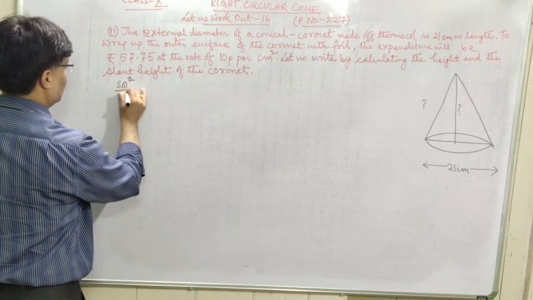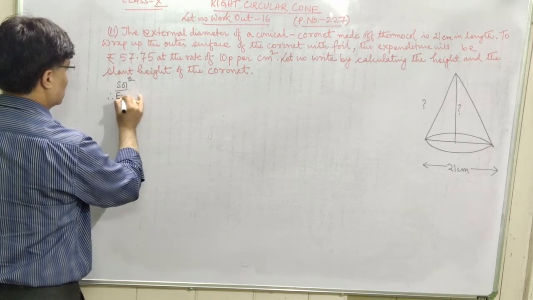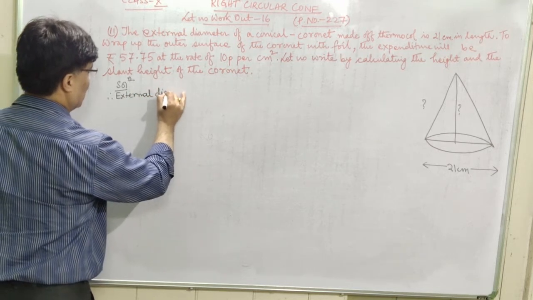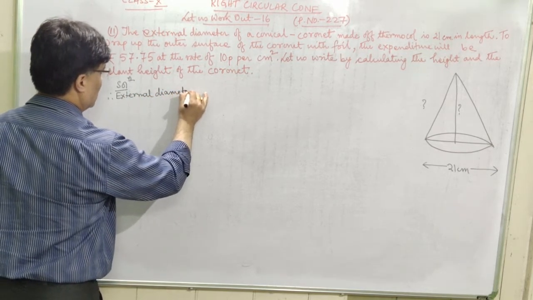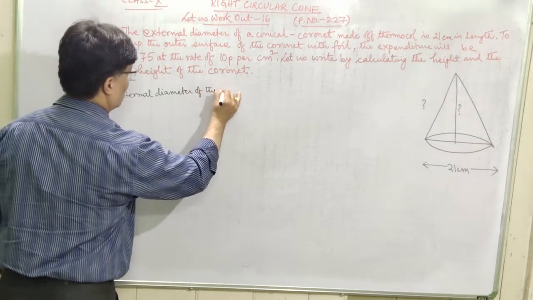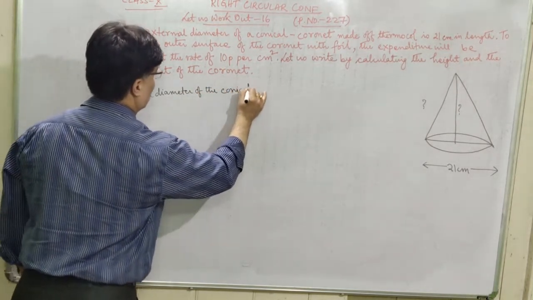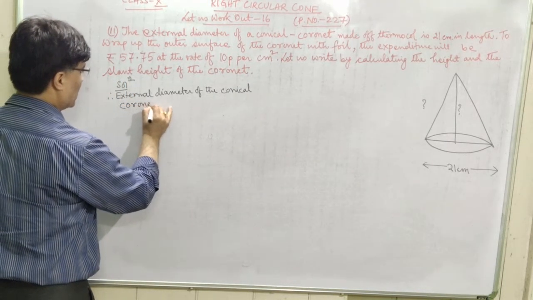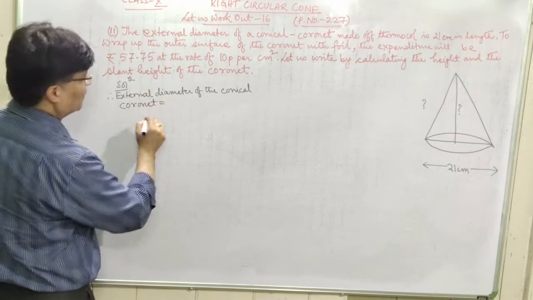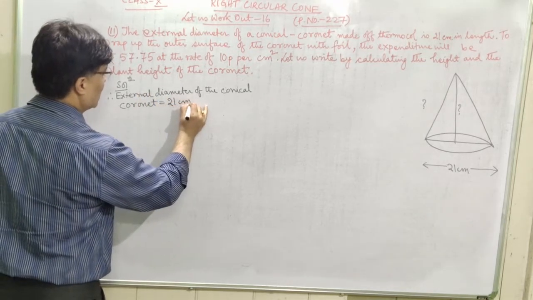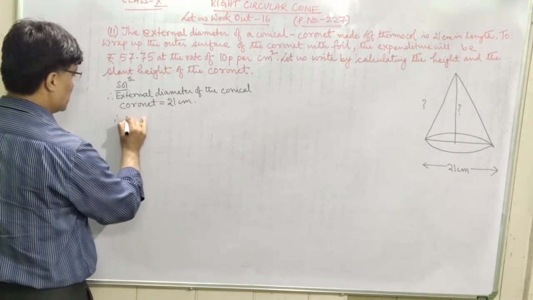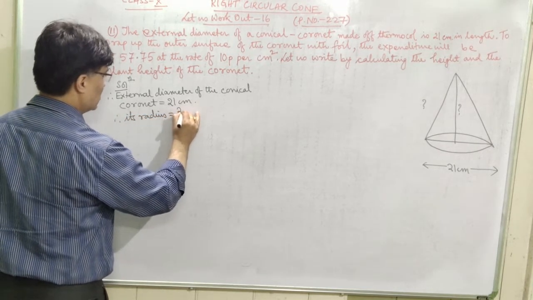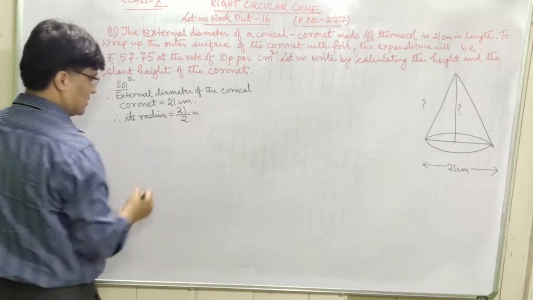Now solution. So, external diameter of the conical coronet is equal to, how much is it given? It is 21 centimeter. Let us find out its radius. So its radius is equal to 21 by 2. You can divide it.